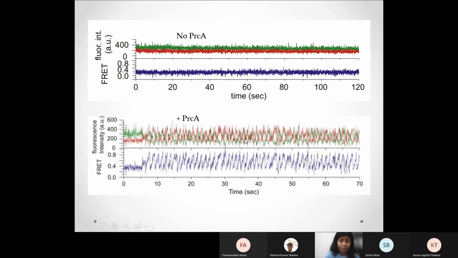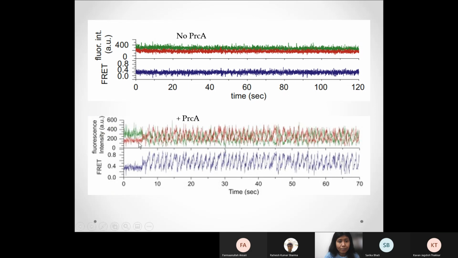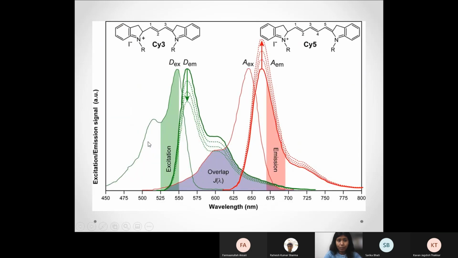If you add helicase now, you would have this fluorophore gradually being pulled towards the other fluorophore molecule because of the looping of the single-stranded DNA through the helicase, and that is represented by this increase in the acceptor fluorescence and a decrease in donor fluorescence. मतलब ये वाला green signal कम होता जाएगा, red signal बढ़ता जाएगा.